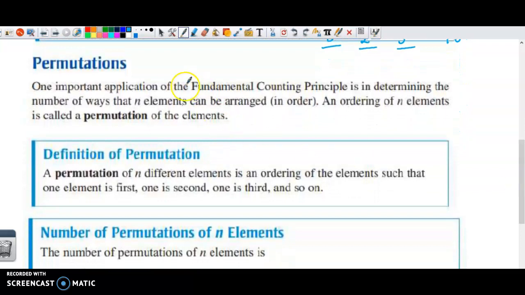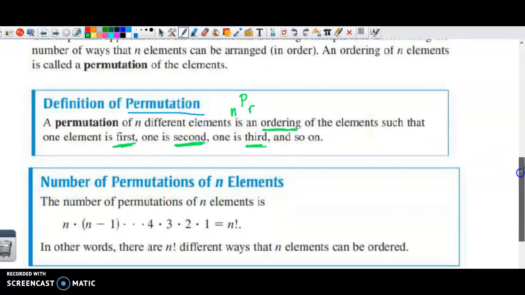Okay, so there's also the permutations. We call it a permutation because it is the nPr that we've been talking about so far. We use permutations when the order matters. So what that means is being selected first is different than being selected second, which is different than being selected third, and so on and so forth.